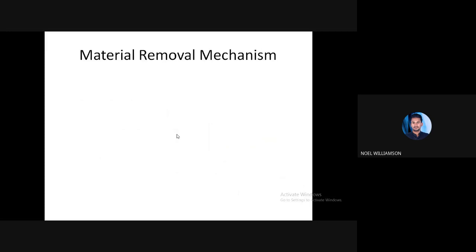What is the material removal mechanism? As told earlier, what we are using is a high energy focused electron beam. This high energy focused electron beam is made to impinge on the workpiece.